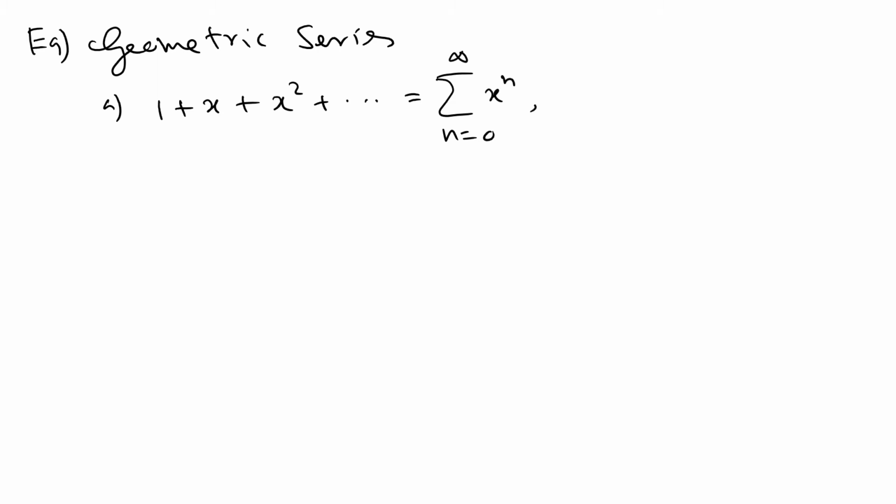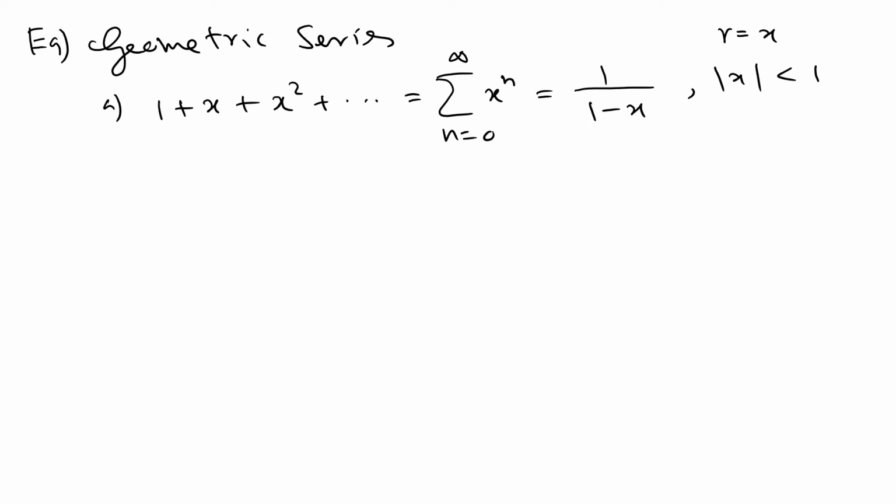And this series converges to 1 over 1 minus x when the absolute value of x is less than 1. The reason is that r is simply equal to x, because you multiply by r each time. So absolute value of r less than 1 means absolute value of x less than 1. So that's what you get.